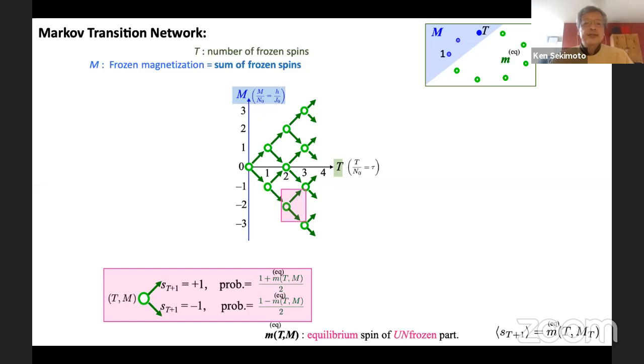Because we re-equilibrate before the fixation, the probability of those events is given by this formula, where small m is the equilibrium spin of the unfrozen part. Using this probability, the expectation of the future fixed spin is equal to the mean equilibrium spin at the present time.